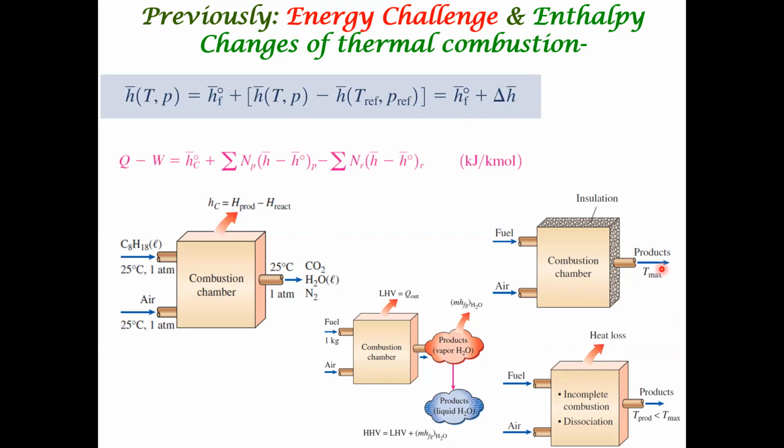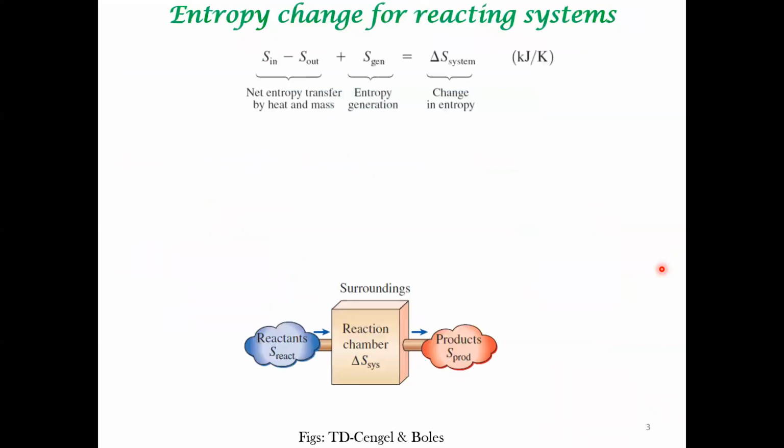We will move on from enthalpy changes to entropy and, of course, the free energy change, which is the most important thermodynamic potential function that is of relevance. So what we're interested in is entropy changes involved in reacting systems, chemically reacting systems. So again, because entropy is not a conserved variable, we can write a balance equation involving an entropy generation term.